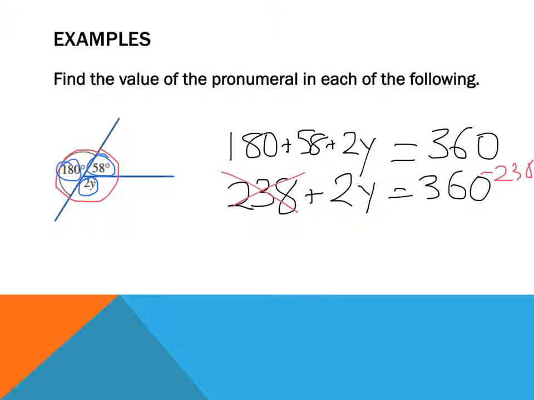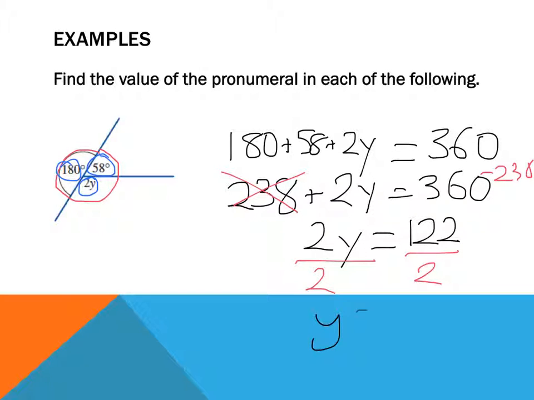So 360 minus 238 equals 122. So 2y equals 122. That's 2y. How do I find out what 1y equals? Well, I divide that side by 2. If I do something to the one side, I do the same to the other. So 122, half of 120 is 60, half of 2 is 1, so y equals 61 degrees.